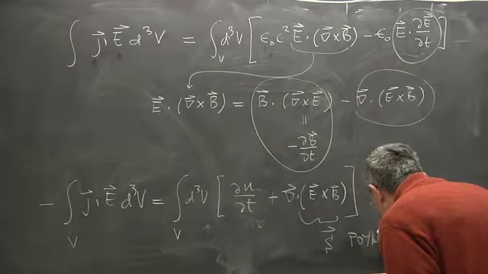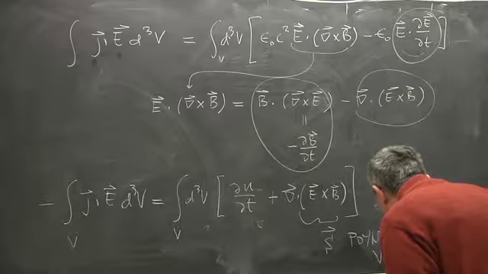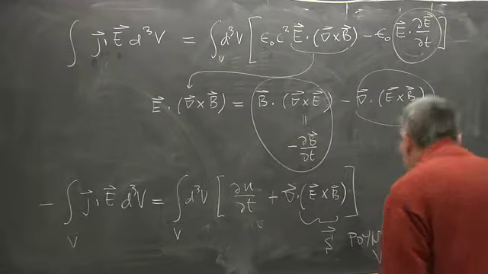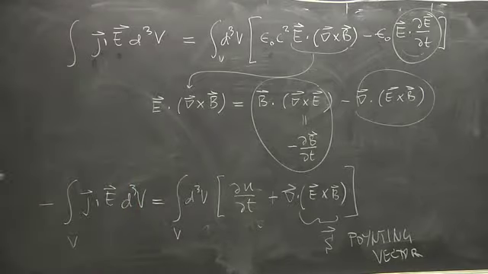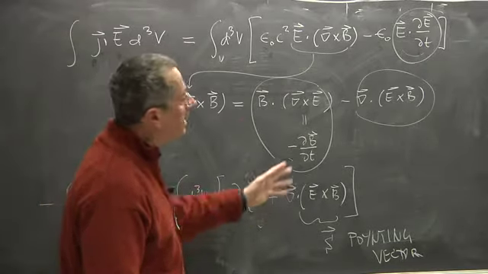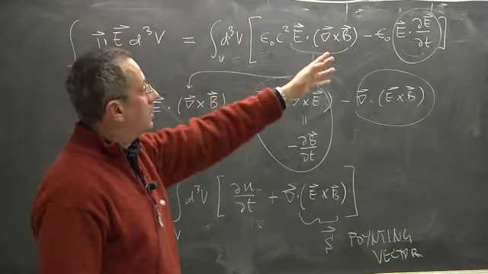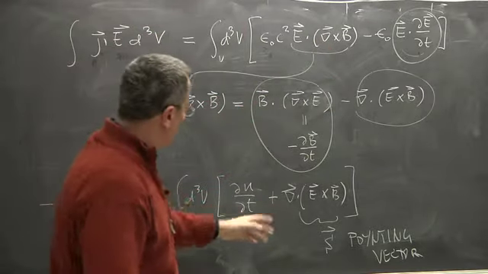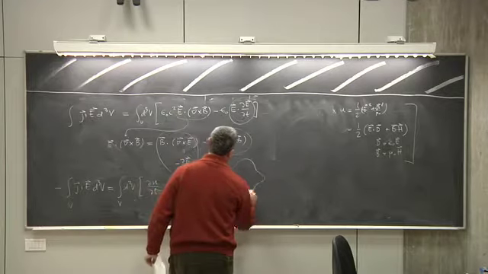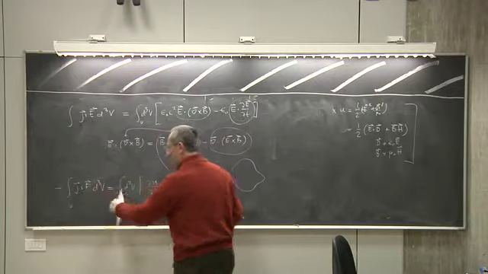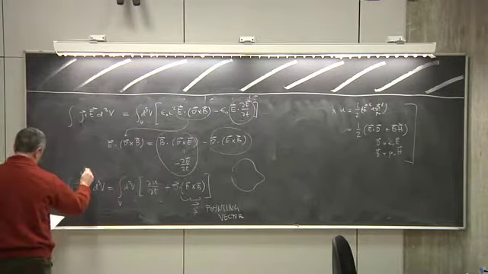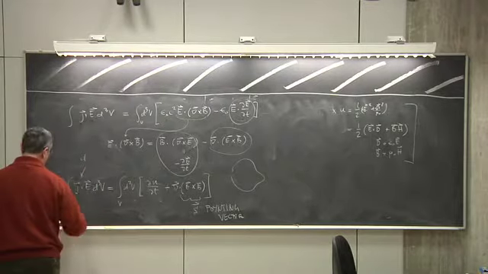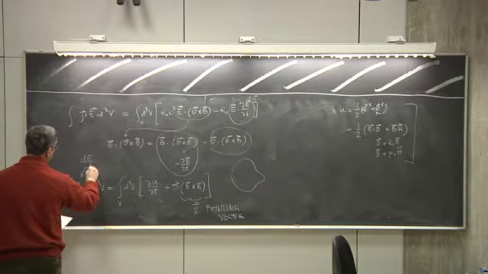It is the Poynting vector that you may have already heard about, and it is perfectly fine, because it's exactly like the continuity equation for the charge. You have a volume and you study how the energy changes. This term here is the change in energy.